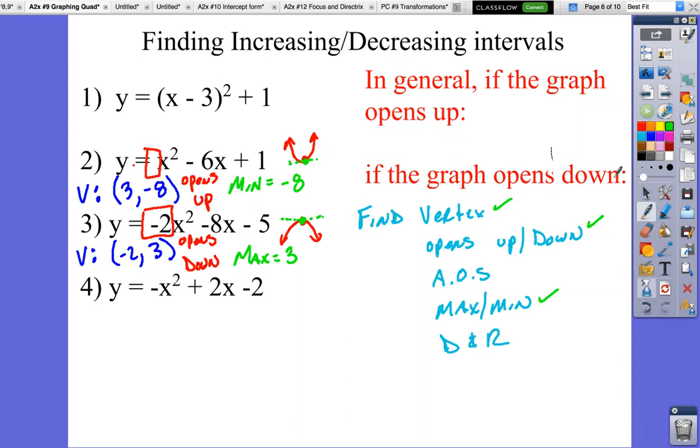Let's go ahead and put the axis of symmetry up here. We don't want to forget that. It's really simple. So your axis of symmetry, your AOS, is the line. Ooh, what is it for number 2? It's a vertical line through the x value. So x equals what? 3.